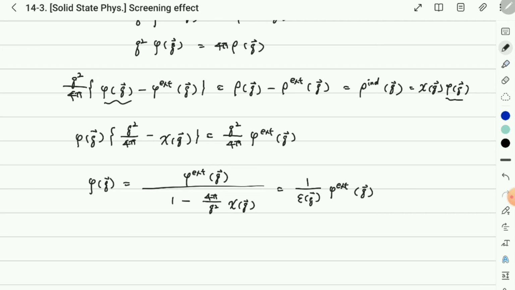Therefore it means that the dielectric function epsilon in momentum space can be thought of as 1 minus 4 pi over q squared chi q.